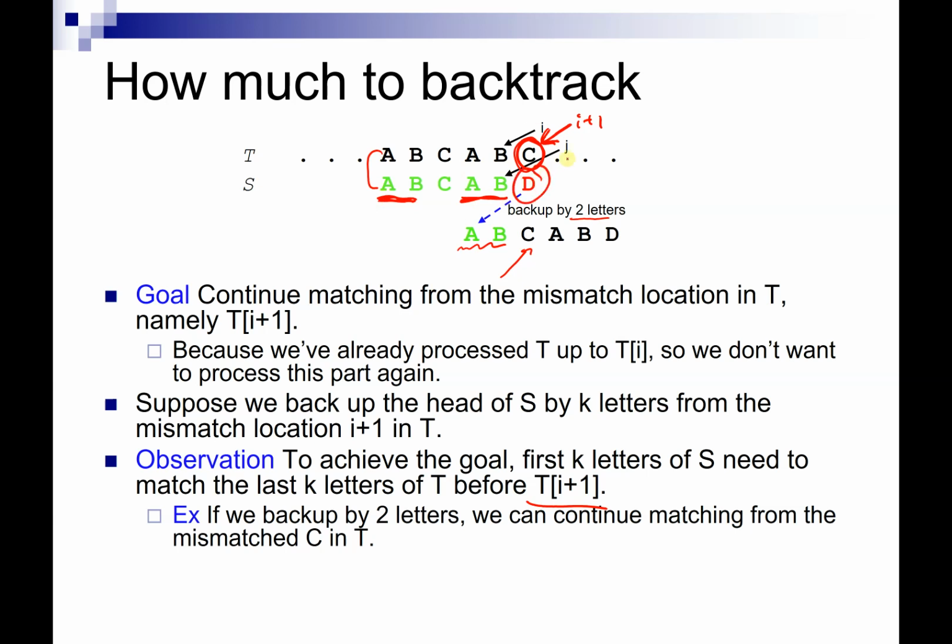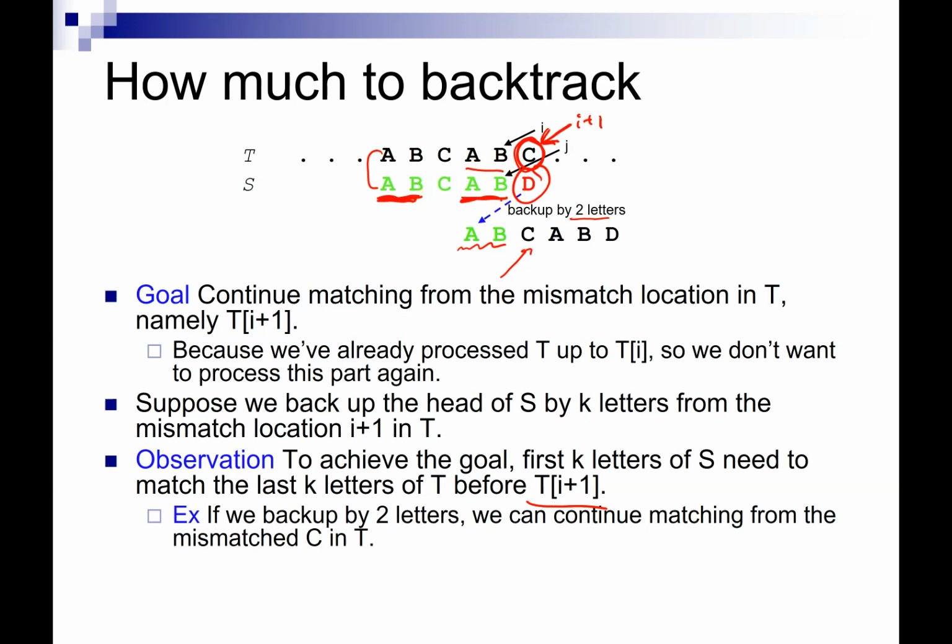We got a mismatch over here, so we only matched 5 letters of S. Therefore we want to match the first 2 letters of S to the last 2 letters of S before the 5th location. Now if these two things match, then I claim that the first 2 letters of S also match the last 2 letters of T before location i plus 1.